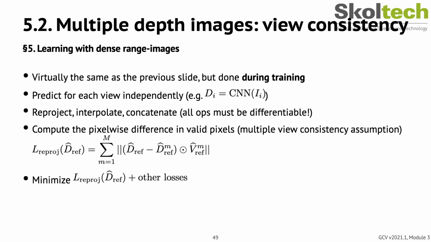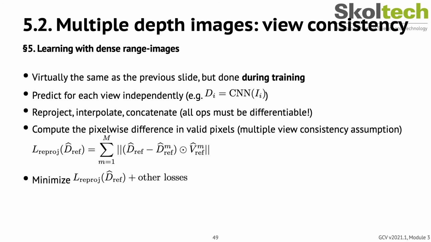If we would like to instead employ the multiple view consistency during training, we do virtually the same as in the previous slide, but we have to ensure that all of the operations that we perform, that is reprojection, interpolation, and concatenation, are differentiable, to be able to actually backpropagate through those operations all the way to the convolutional neural network that we are using for training.